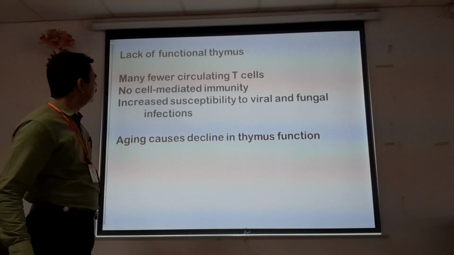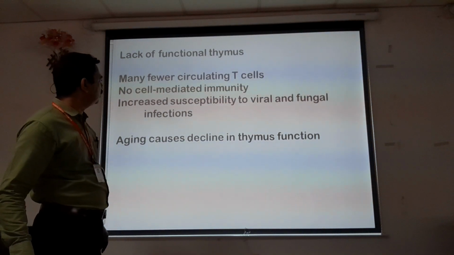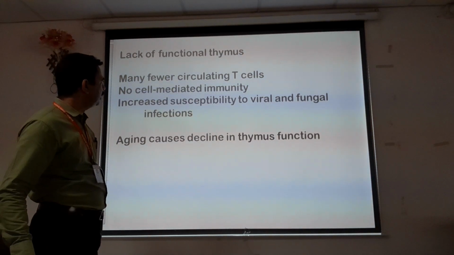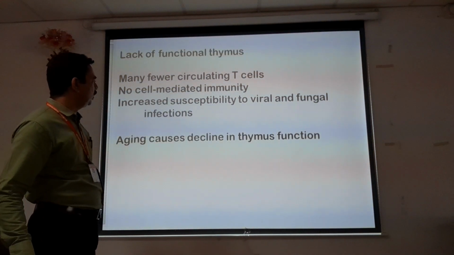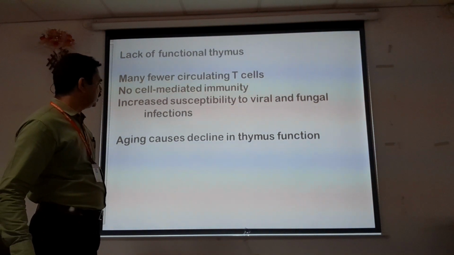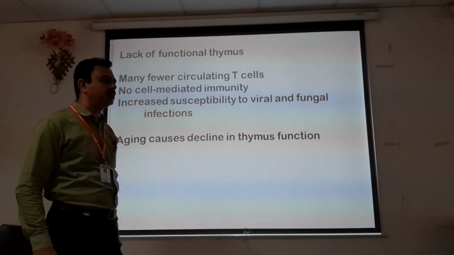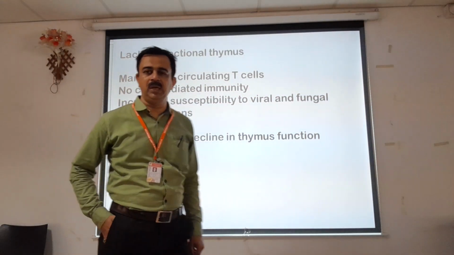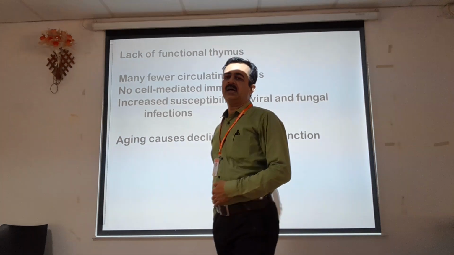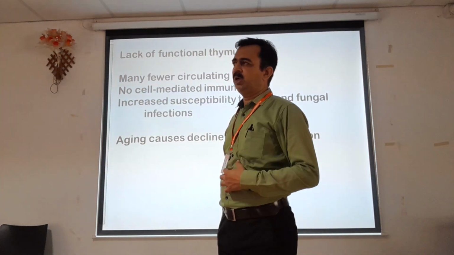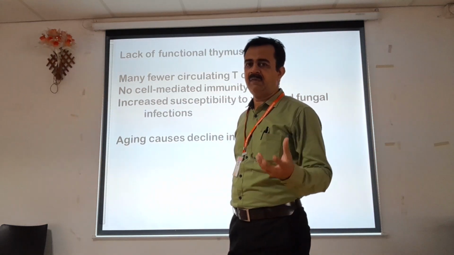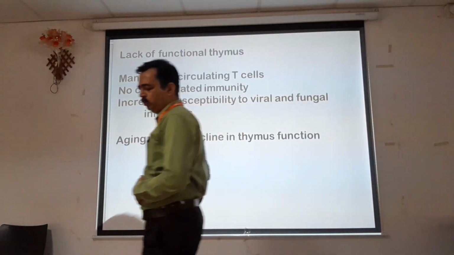So lack of functional thymus: many fewer circulating T lymphocytes, no cell mediated immunity, increased susceptibility to viral and fungal infections. Aging causes decline in thymus function. So if the thymus is not available in our body, then outside antigens can easily enter our body and they can have a counter attack on the human body.